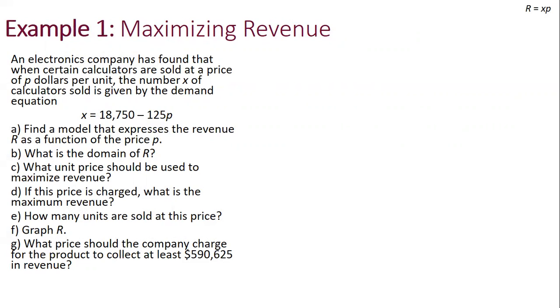So we know that revenue equals X times P, right? And it tells us what our X is right here. So we're going to substitute that in to find our R. Does that make sense?